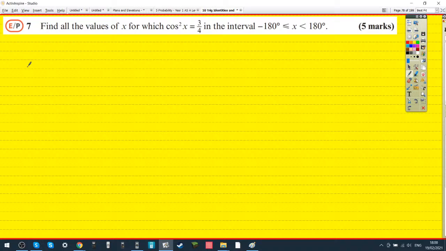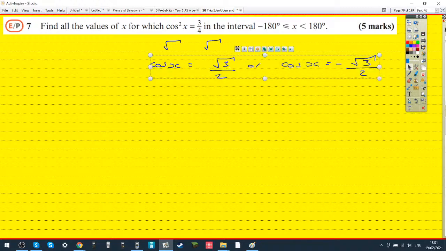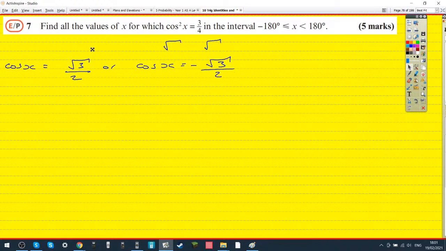Root both of them. So the root of 3/4 is root 3 over 2, plus root 3 over 2 and minus root 3 over 2. Well done. And then you do inverse cos of both of them? Yep. 30 and minus 30.